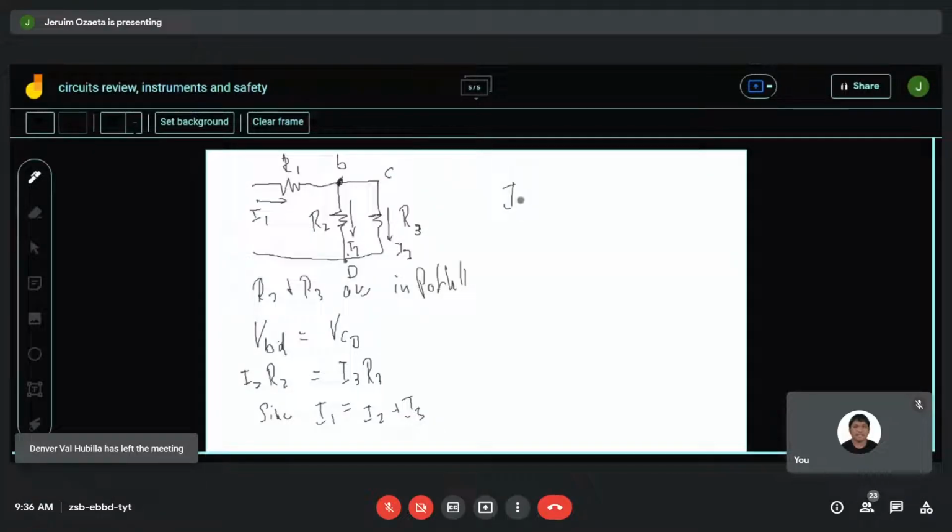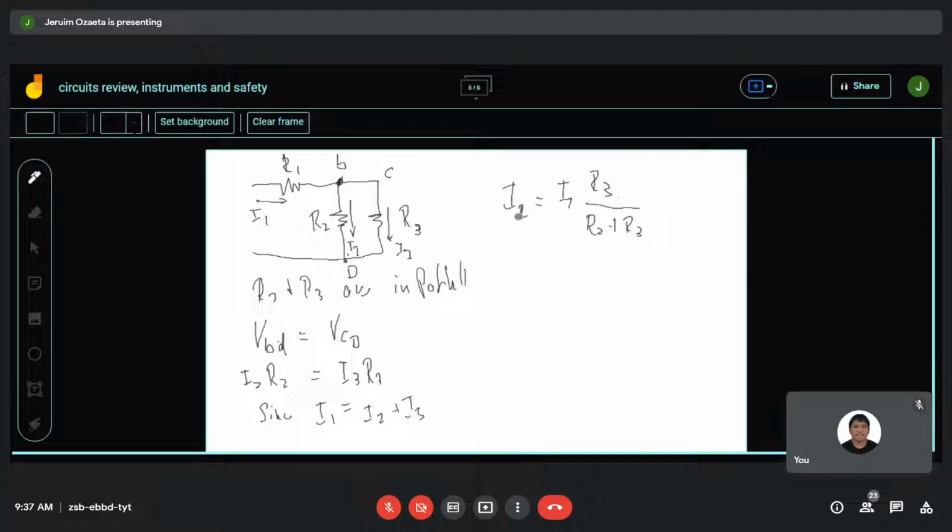I sub 2, for example, equals I sub 1 times R sub 3 over R sub 2 plus R sub 3.